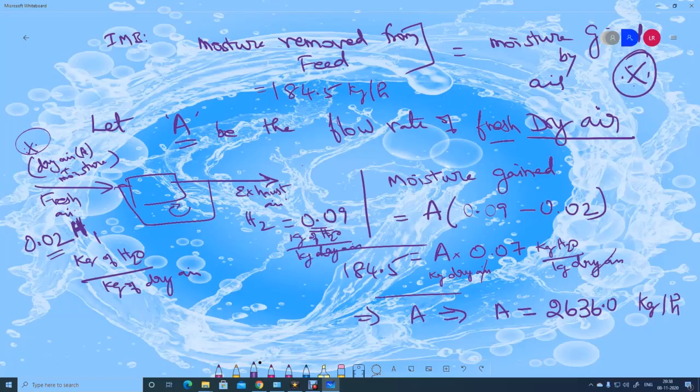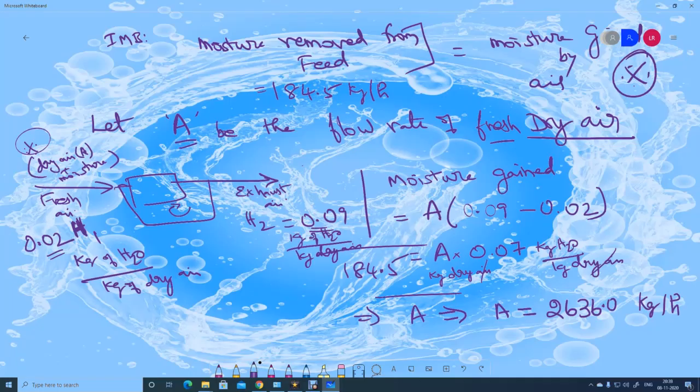If A is the amount of dry air, then A multiplied by 0.09 is the amount of water present in the exhaust air. Similarly, A multiplied by 0.02 is the amount of moisture present in the feed stream.